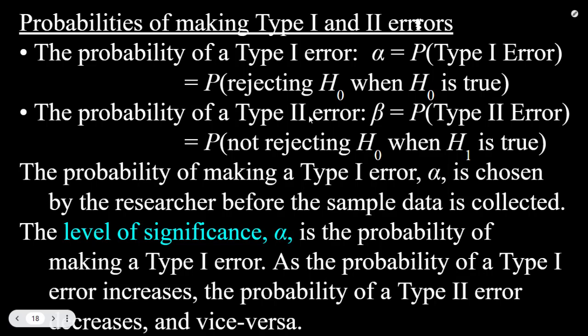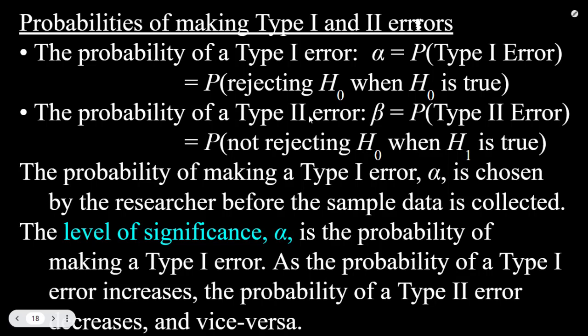If you remember from our confidence intervals, alpha is the stuff outside of our confidence intervals. So alpha is equal to the probability of making a type 1 error, which means we reject the null hypothesis when we should not reject the null hypothesis.